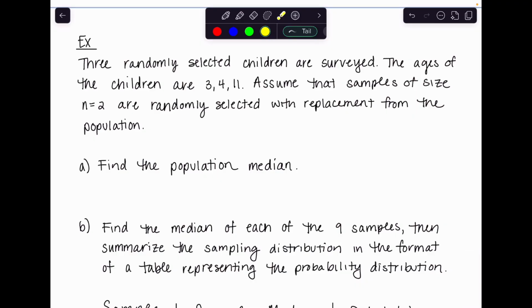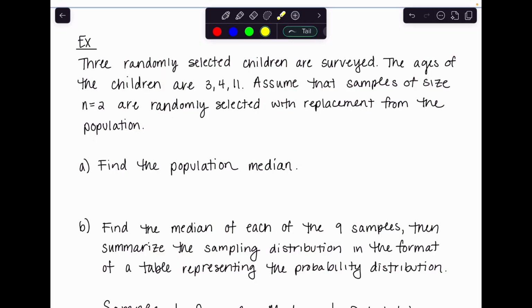So again, we're going to work with a small population because it's pretty near impossible to do this by hand otherwise. We're told 3 randomly selected children are surveyed. The ages of the children are 3, 4, and 11. Assume that samples of size n equals 2 are randomly selected with replacement from the population. We're going to find the sample median.